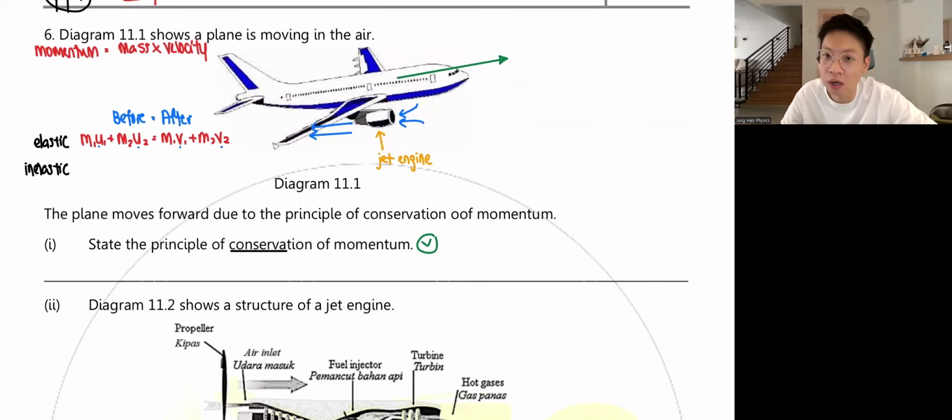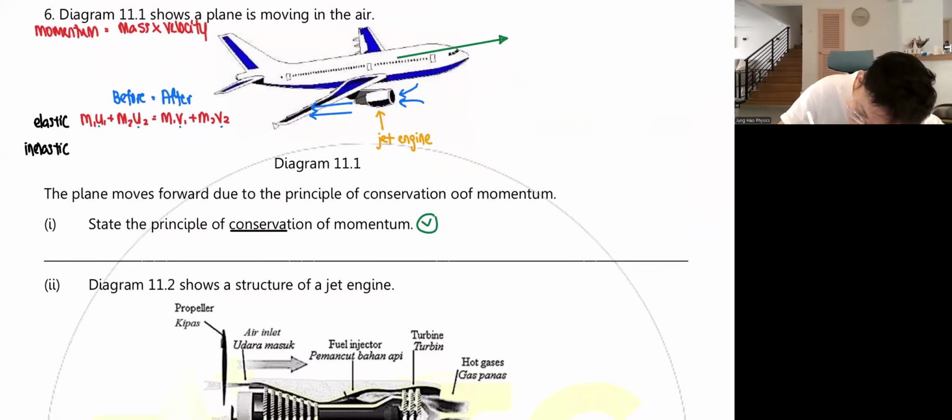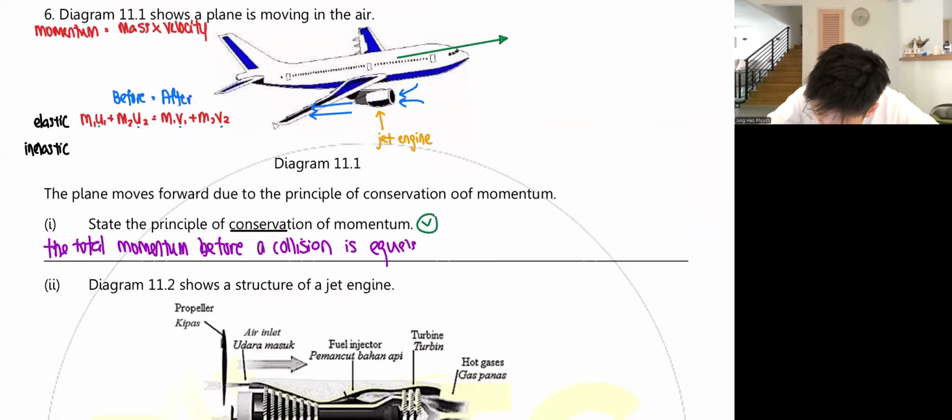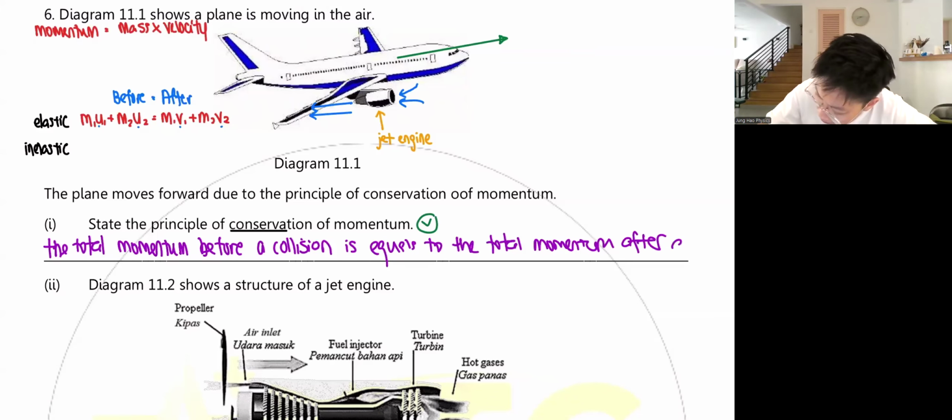Now, so we will say that it states that for a system, the total momentum before a collision is equal to the total momentum after a collision, provided no external force is acting on it.